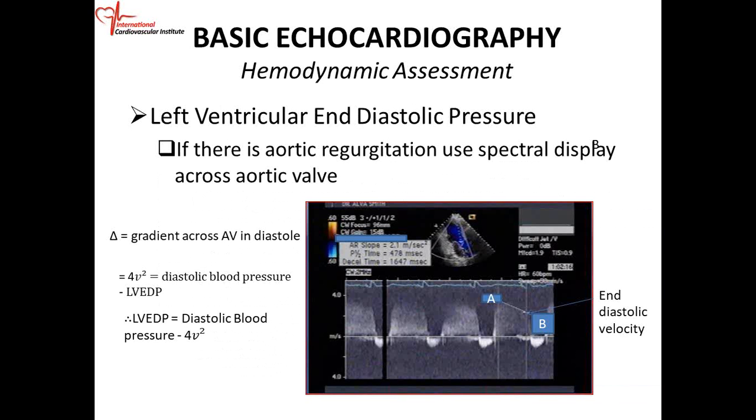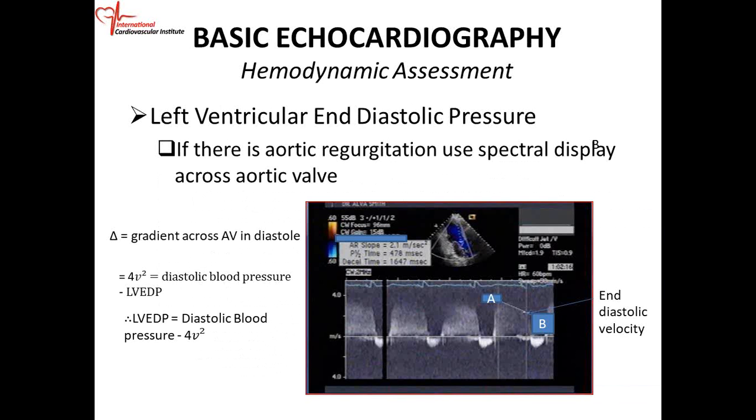So we can also get the left ventricular end diastolic pressure, because if you remember, when someone develops heart failure, one of the first things that's going to increase is your left ventricular end diastolic pressure, because for you to develop heart failure, usually that means the LV is not functioning properly.